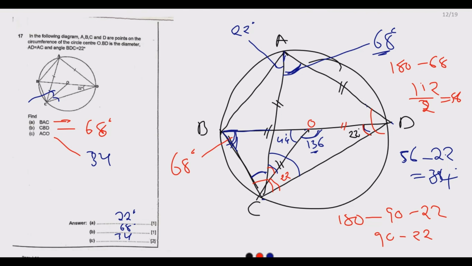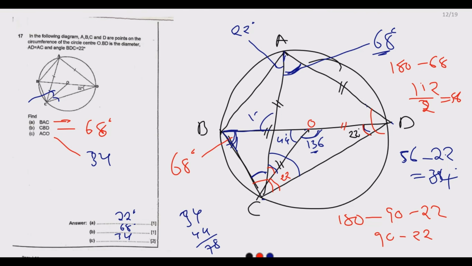Correct. Then after finding this is 44, then this is 34. 34 plus 44, you get 78. So what you discover is from 180 we take out 78, will remain with 102.